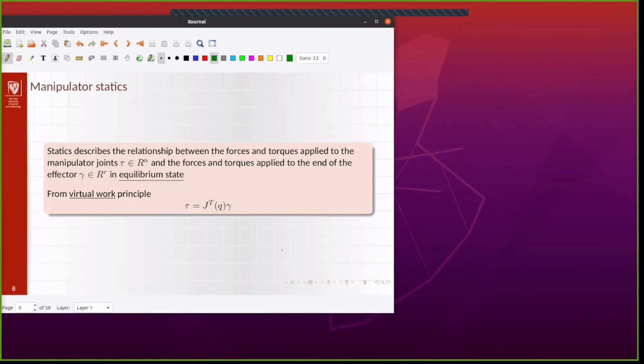So when we think about non-moving situations, when we have only a static force in a fixed position of the robot, so we are in the equilibrium state, then we can use the virtual work principle, and this will say that the torques in the joints are related to the external forces applied to the robot by the transposed Jacobian.